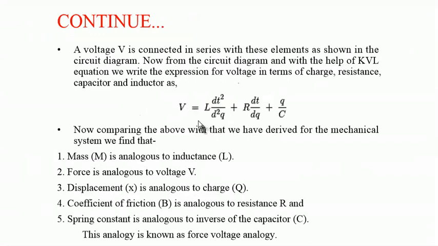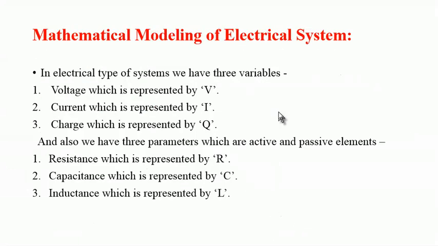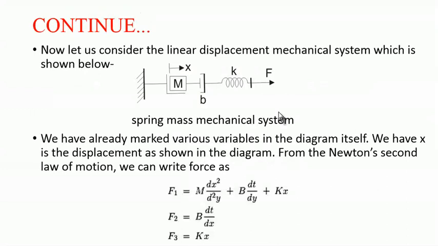So here the voltage V is equal to L d squared q by dt squared plus R dq by dt plus q by C. Similarly, for mechanical systems, the force is equal to m d squared x by dt squared plus b dx by dt plus kx.